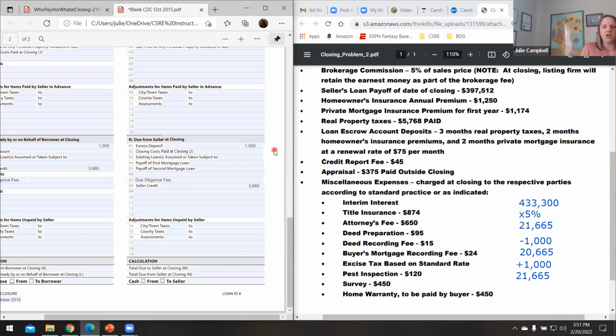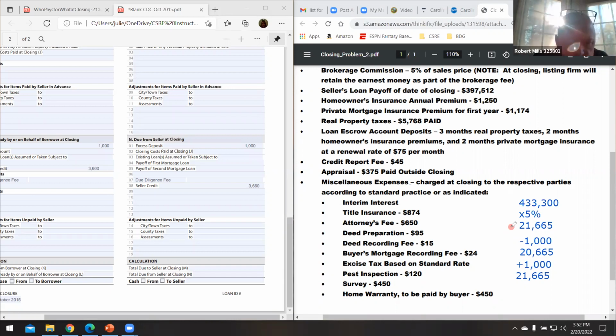So the firm gets the check for $20,665. That's what's in H. The buyer will get their earnest money credited back to them. And then the seller is also going to pay from settlement that extra $1,000. The seller is contractually obligated to pay this $21,665. And they are, it's just how it's shaking up on the settlement statement, because the firm's not getting the full commission. The firm's getting some commission and some transfer of earnest money.